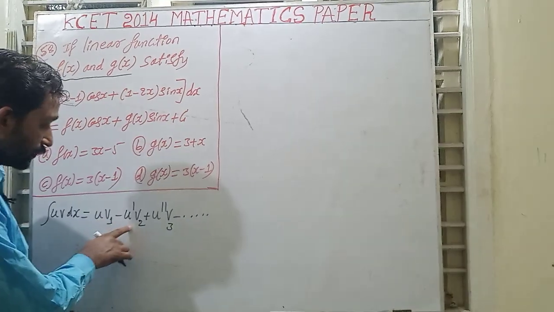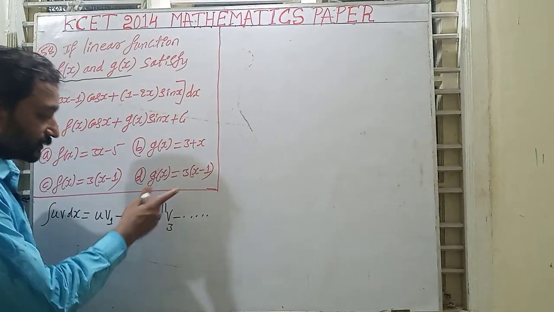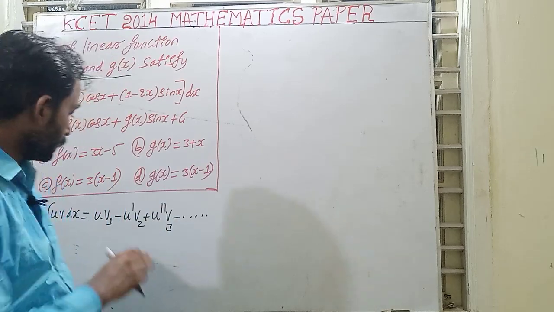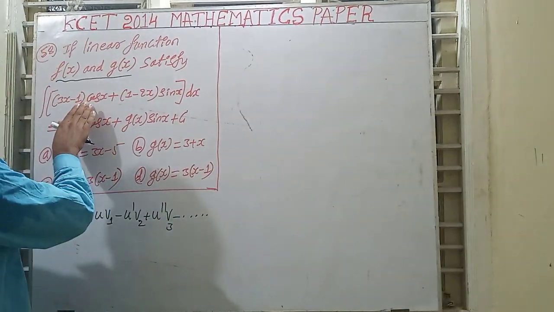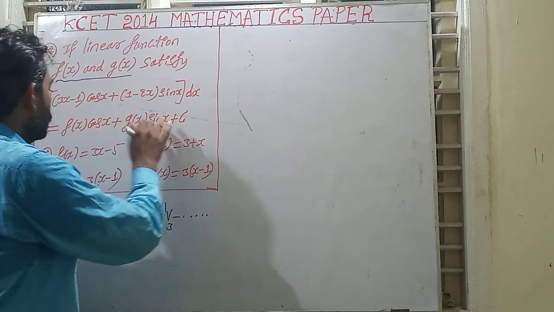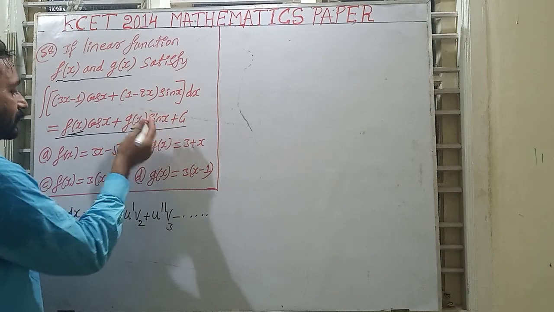Here u dash, u double dash are the successive differentiations of function u. v1, v2, v3 are the successive integrations of function v. So using this formula we find the integral of this function equal to this value, and then choose the functions f of x and g of x. We get the required answer.